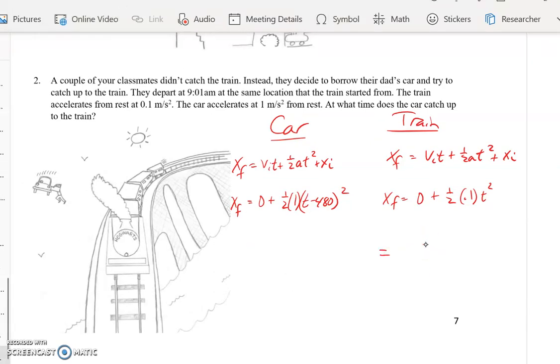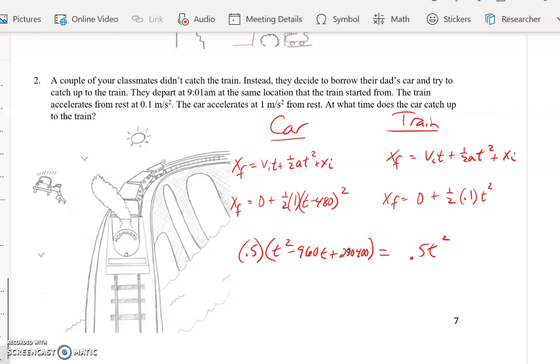Okay, so the right-hand side of our equation is going to be 0.5 t squared. Left-hand side is going to be 0.5 times, we need to FOIL this, so it'll be t squared minus 960t plus 230,400.